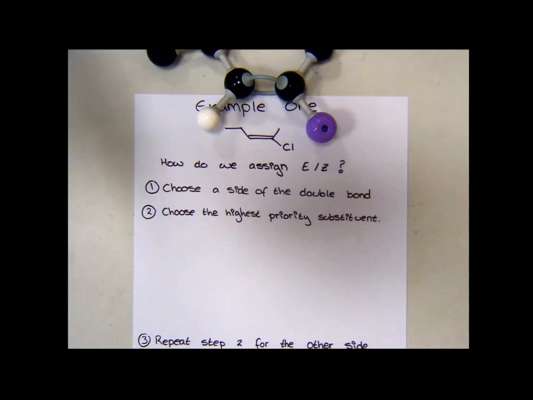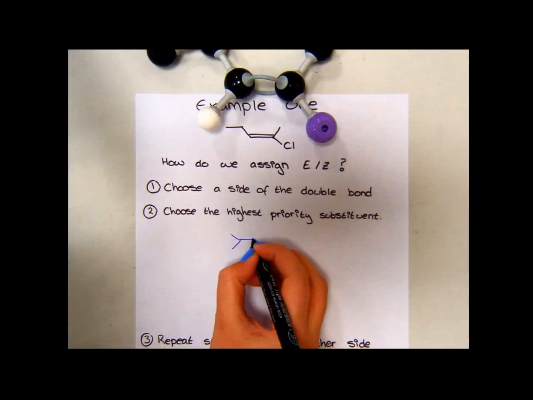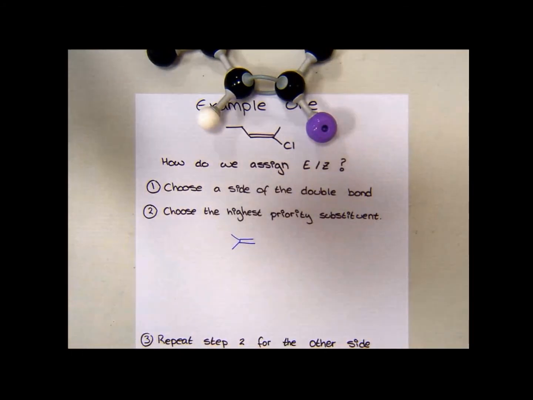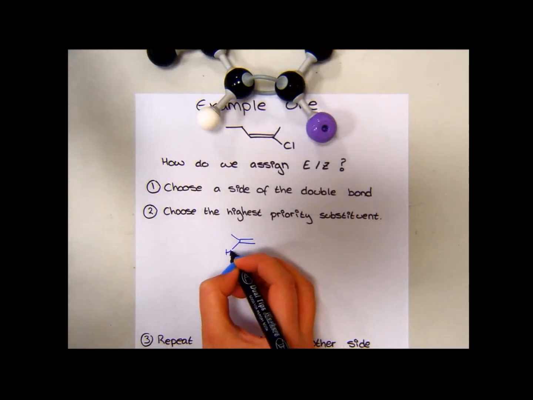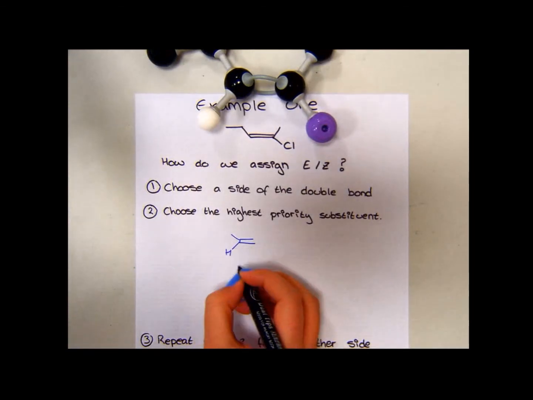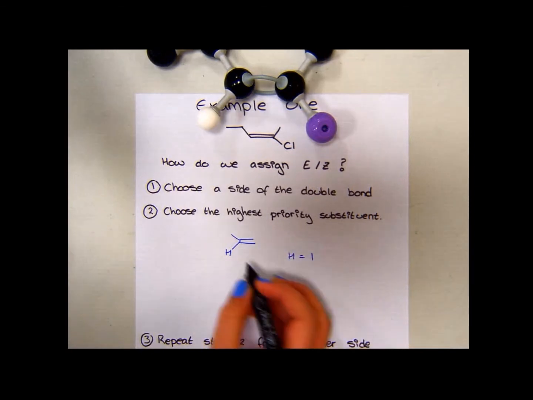And second, we choose the highest priority substituent. This may sound complicated, but it's actually really easy. The simplest way of doing this is to label each substituent with its atomic number. So we do this by following the bonds after the double bond. So here is the left side, and when we follow the bond down, we get to a hydrogen, which has the atomic number of 1.